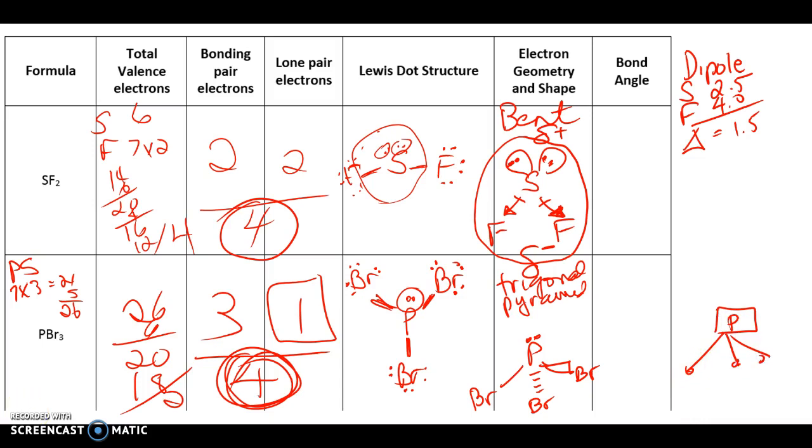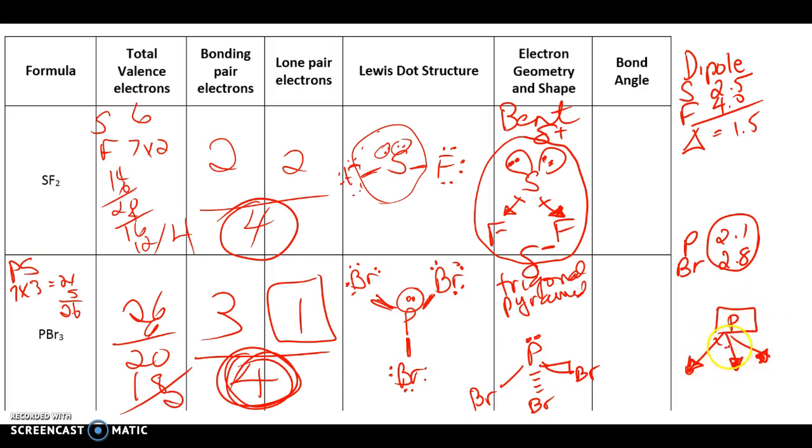Let's now consider if PBr3 has a dipole. So we talk about, again, the difference in electronegativities. Bromine has a 2.8. Phosphorus has a 2.1. Wow, we are just over our bogey of 0.6. So these bonds are slightly polar covalent, pulling toward the bromine, right?